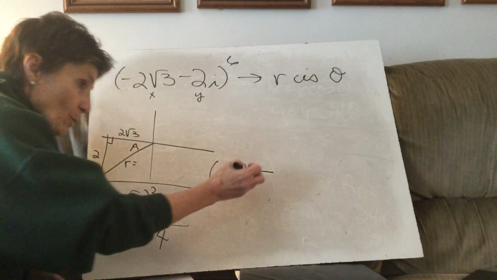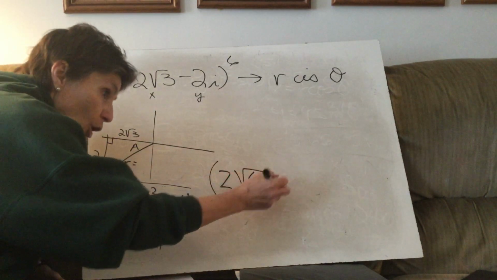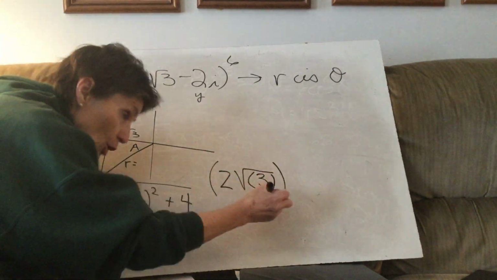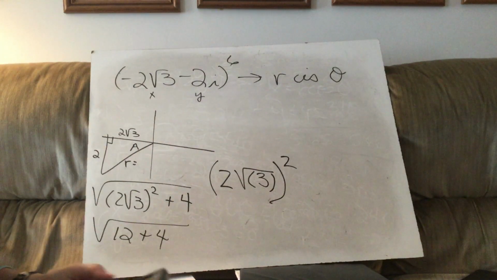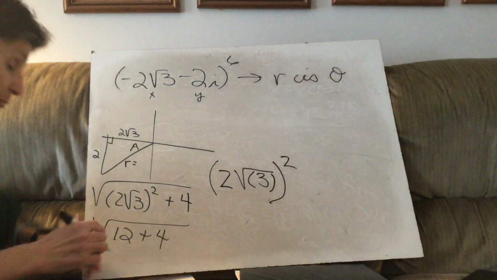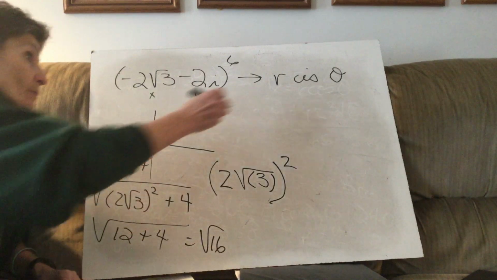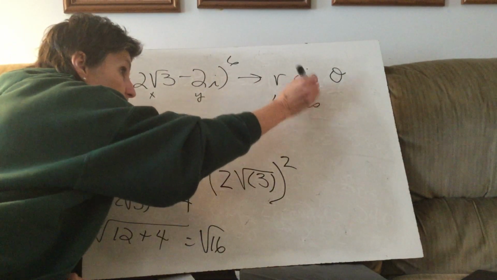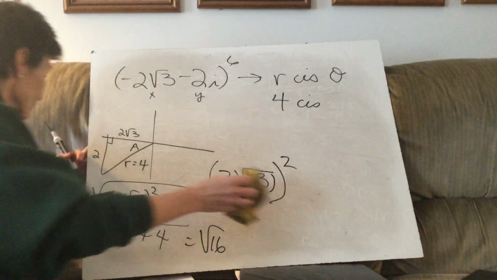The minute you hit square root, it's going to put a parentheses in there. 3, close those parentheses, then close the big parentheses, and then square that. So 12 plus 4, square root of 16, r is 4.